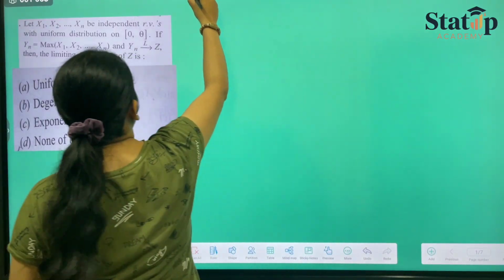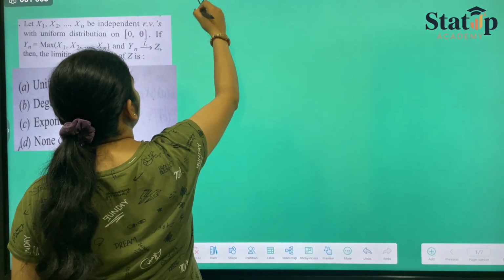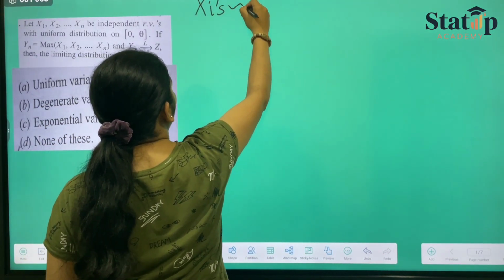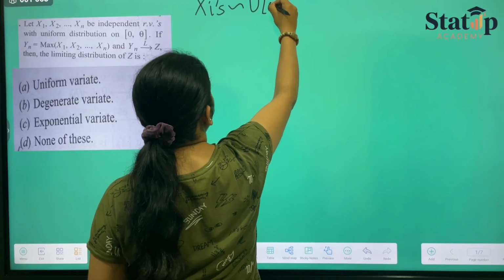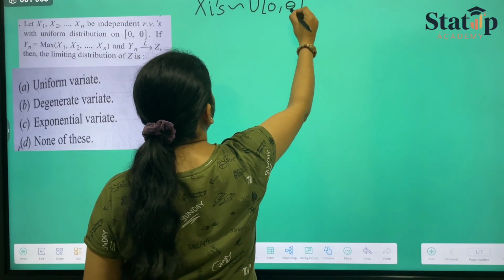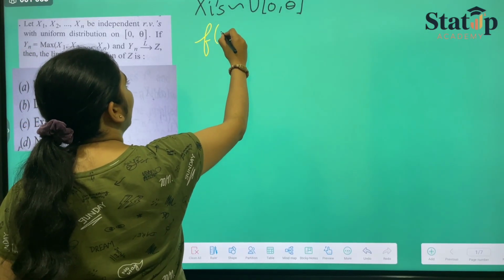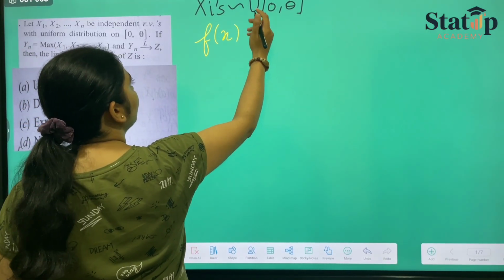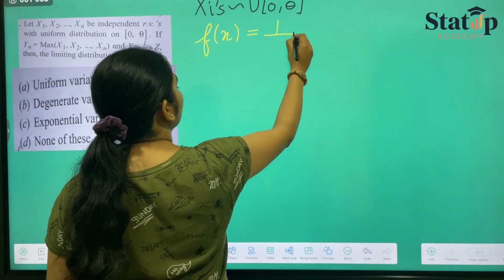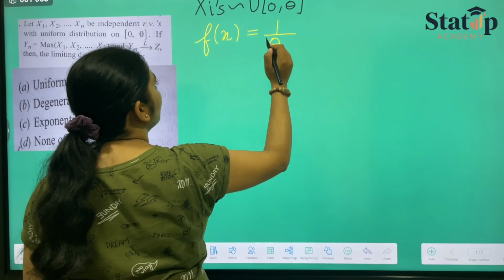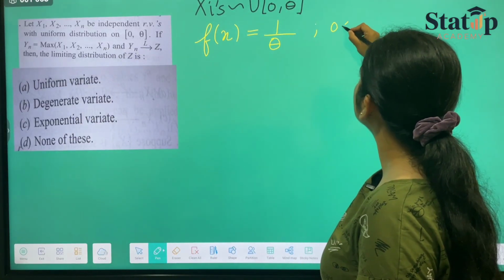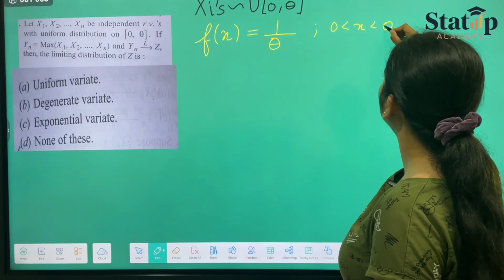First of all, they have provided us that Xi's follow uniform distribution with the parameters 0 and theta. Now from here we can find that the PDF of X is 1 upon b minus a, which is 1 upon theta minus 0, that is 1 upon theta, for all x lying between 0 and theta.